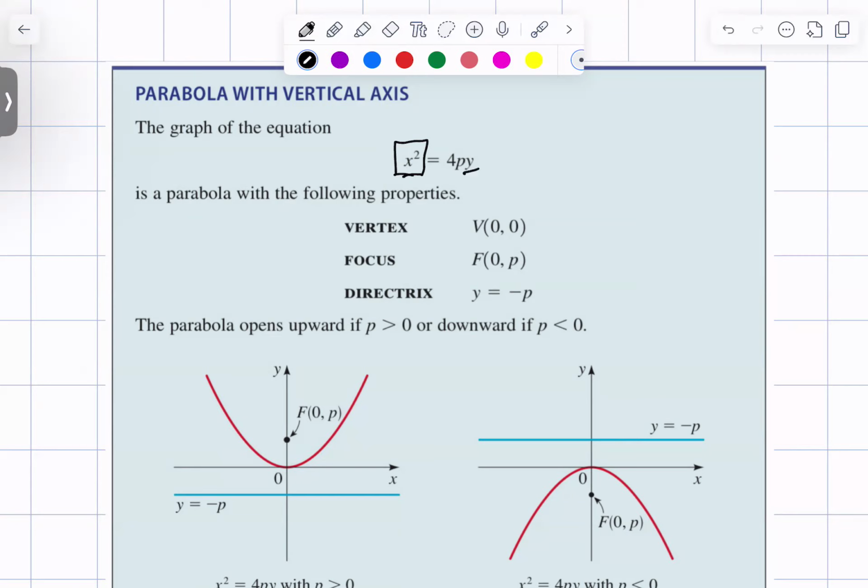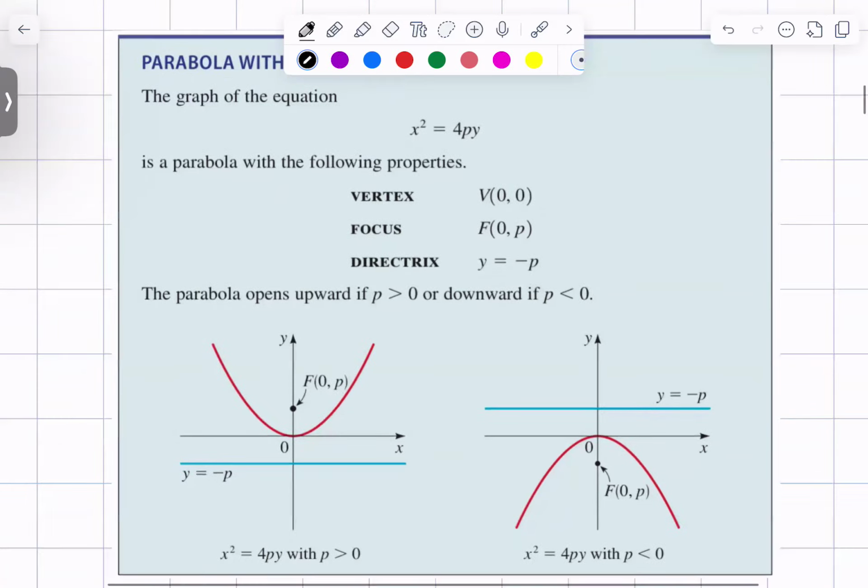Because you can think, for every one value of y, there are 2 x values that make the parabola vertical. So it's x squared equals 4py. In this section, your vertex will always be at 0, 0.